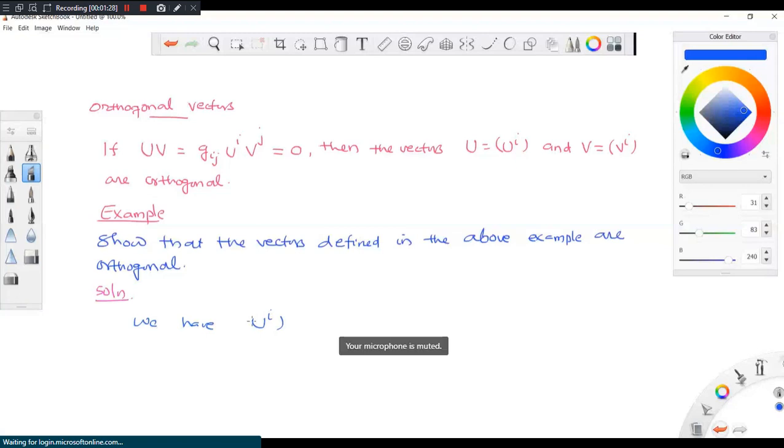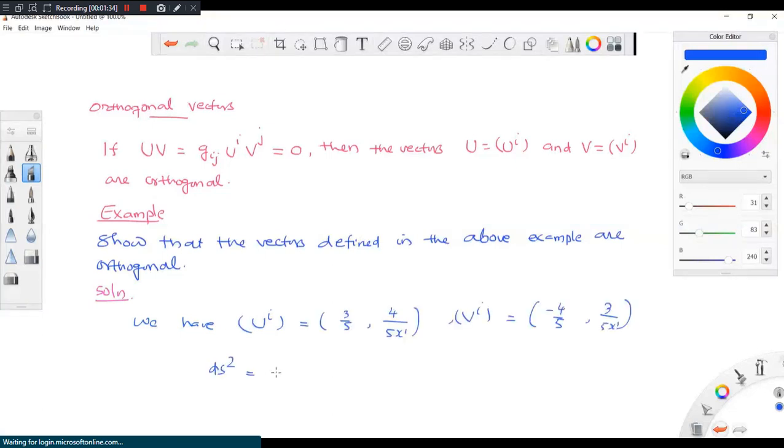And the space time is ds square, the polar coordinate space time. So it is dx1 square plus x1 square into dx2 square. This is the space time.